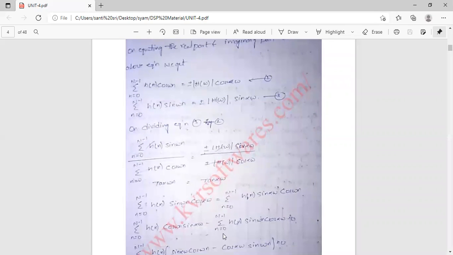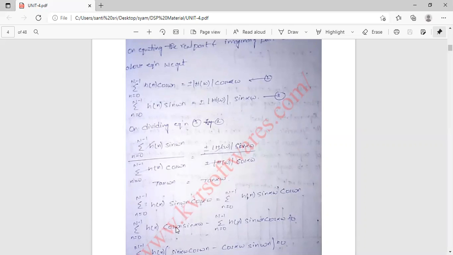So it becomes sin(omega n) by cos(omega n), equal to tan(omega n), and sin(alpha omega) by cos(alpha omega) is tan(alpha omega).